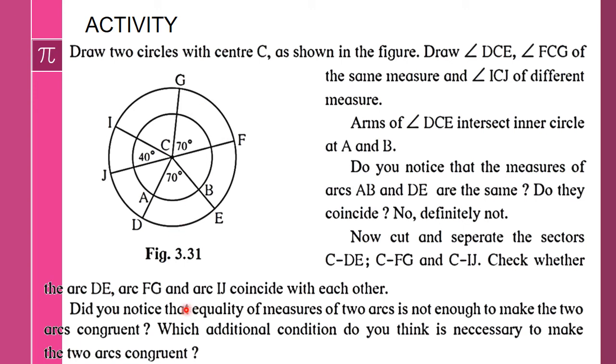So, did you notice that equality of measures of two arcs is not enough to make the two arcs congruent? Measures being equal is fine, but we need one more necessary condition. For two arcs to be congruent, there should be two arcs of equal measure and equal radii, or we can say two arcs of equal measure of the same circle. Of the same circle means the radius has to be equal, correct?